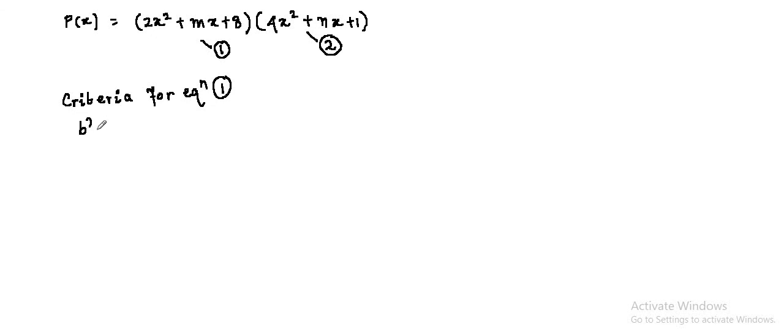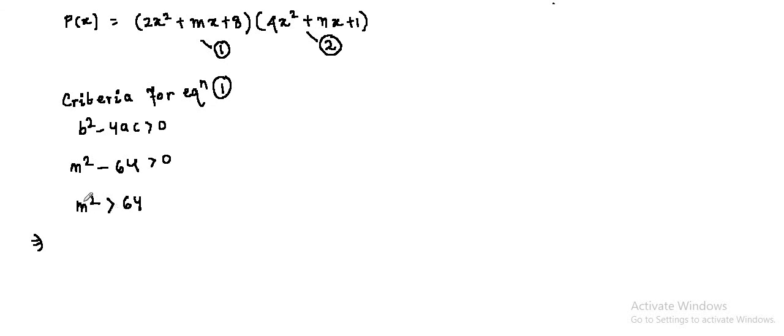So b² − 4ac > 0. Here b is m, so this is m² − 4 into a, which is 2, and c, which is 8. So 4 into 2 is 8, and 8 into 8 is 64. So m² − 64 > 0, and the condition we obtain is m² > 64.